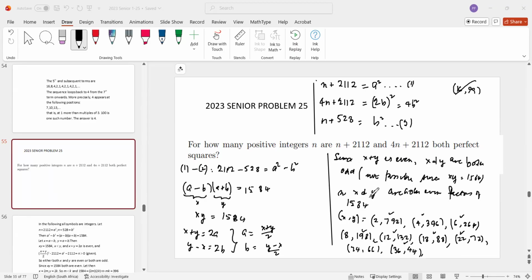And this is xy. Now let's go back and retrieve the a and b. I'm going to create some space here. To retrieve the a and b, I must use this formula here. So a is (x plus y) over 2.